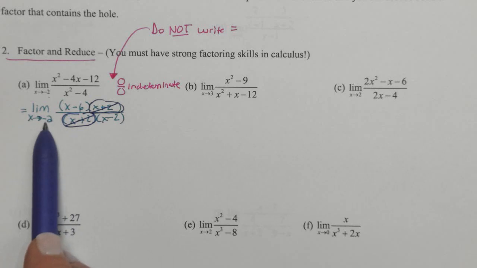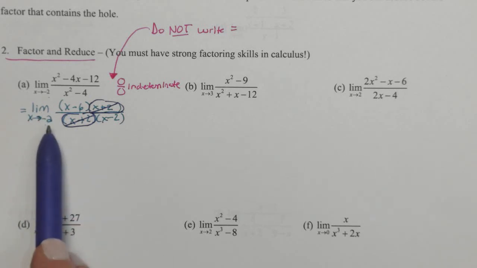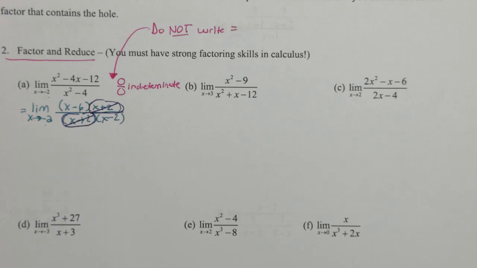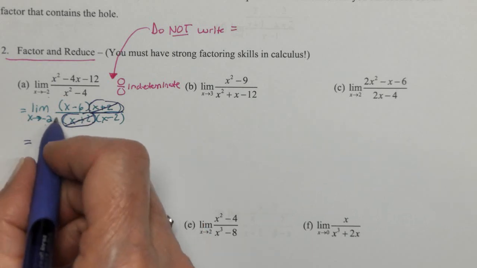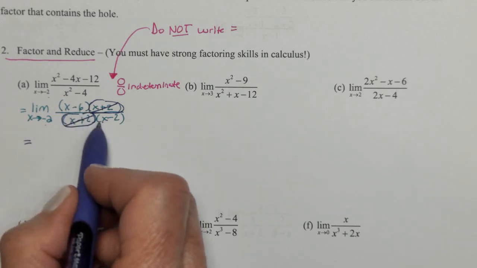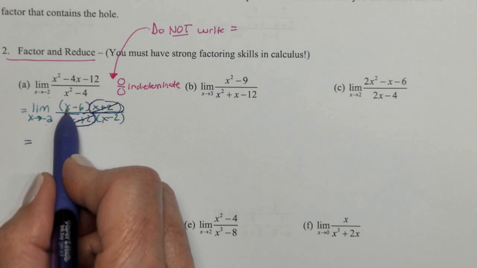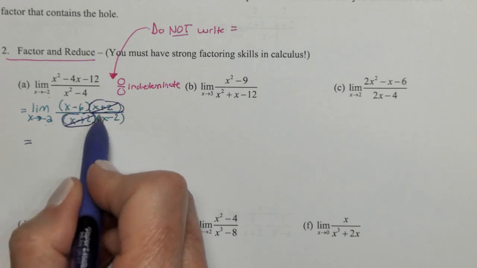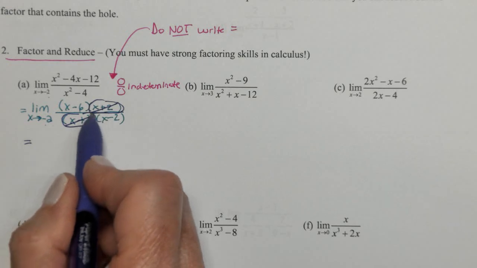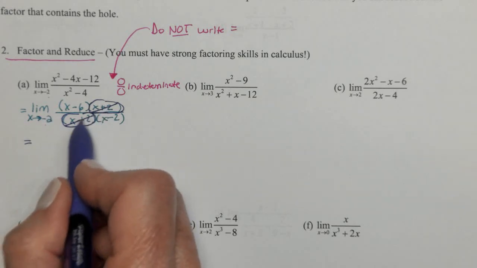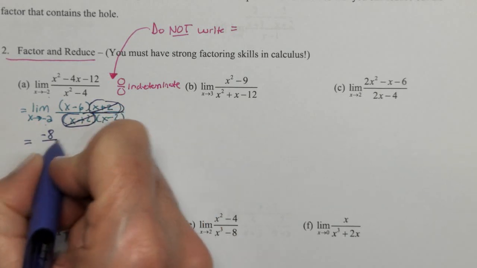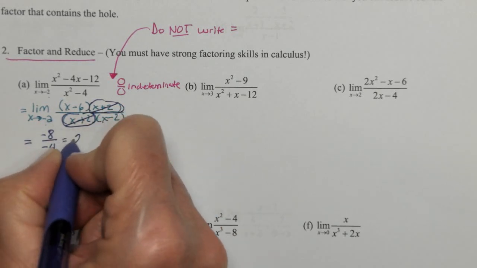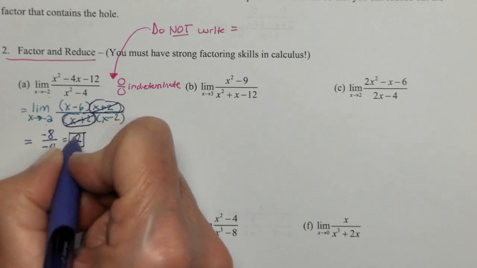But a limit is not exactly equal to negative 2, it's just approaching, so we can cancel those out. And when we cancel those out, we can put this negative 2 into what remains. So I'm going to put my negative 2 in for that x, and in for that x. I know I'm going to get an answer because I have gotten rid of my hole. So we're going to have a negative 8 on top and a negative 4 on the bottom. So this limit is 2.